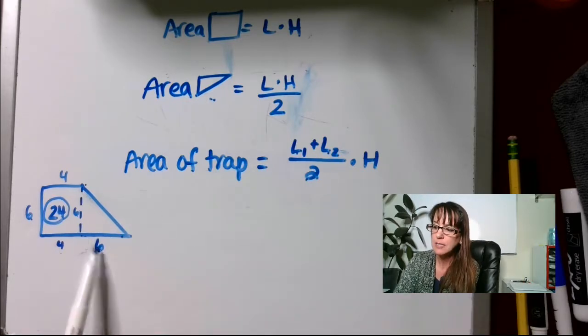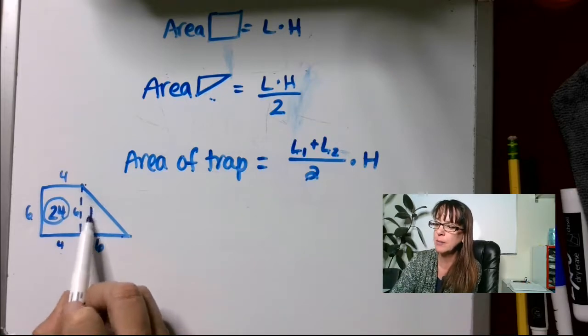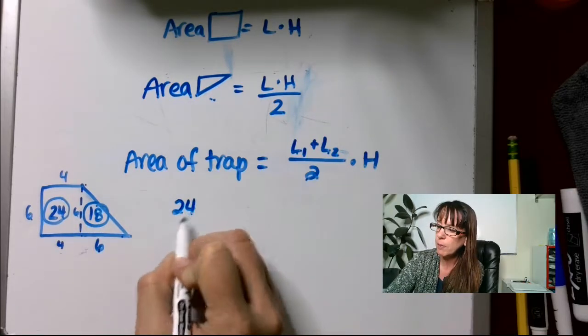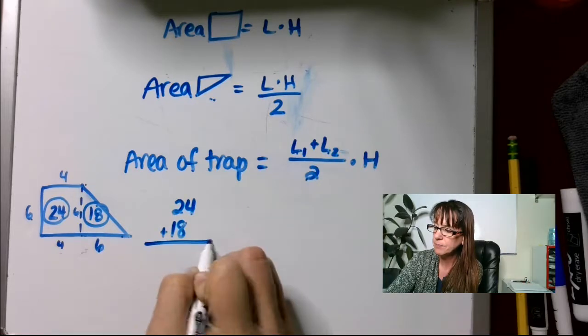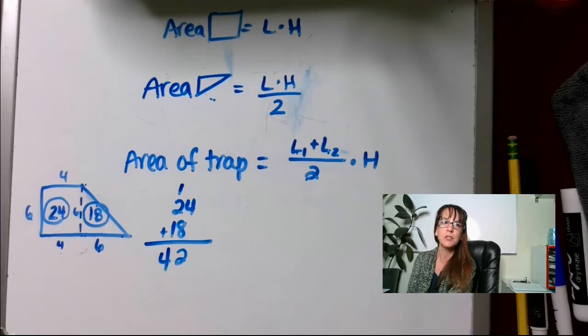So 6 times, and instead of 6, I'm going to cut that in half and make that 3. 6 times 3 would be 18. So what we have is 24 plus 18, and that's going to be 42. Okay, so the area of this base is 42. We're talking meters, 42 meters squared.